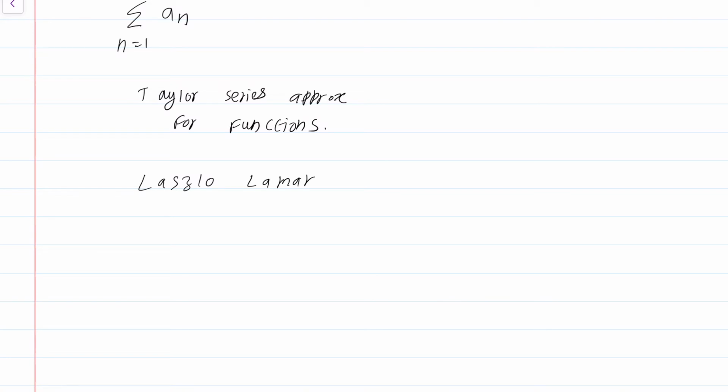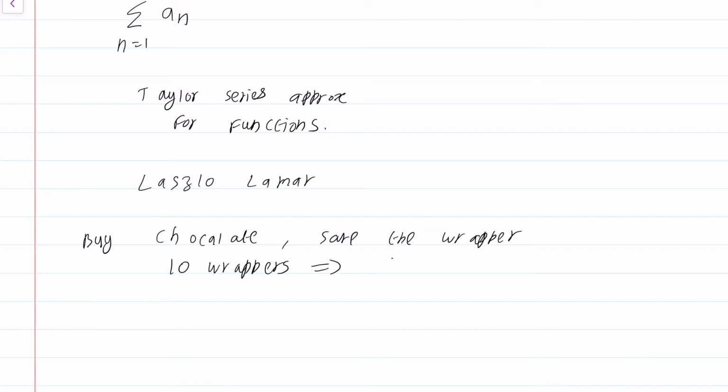A chocolate company starts a promotional offer. The promotional offer is as follows. You buy a chocolate and save the wrapper. Buy chocolate, save the wrapper. Now if you go to the shop and give 10 wrappers, they will give you one chocolate bar extra.